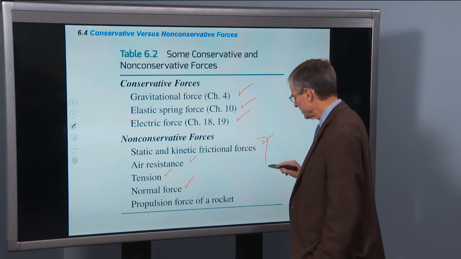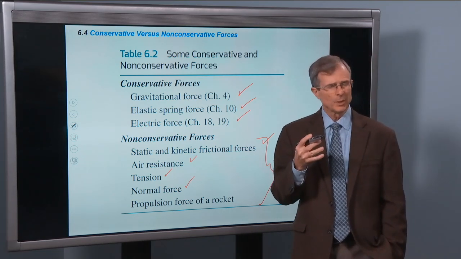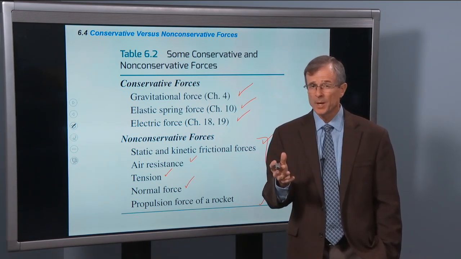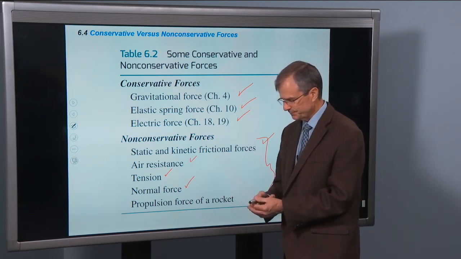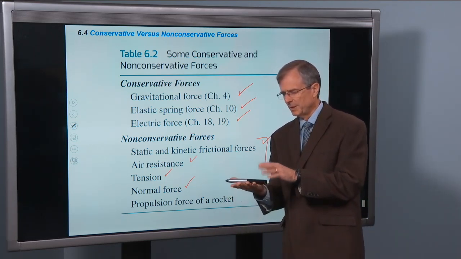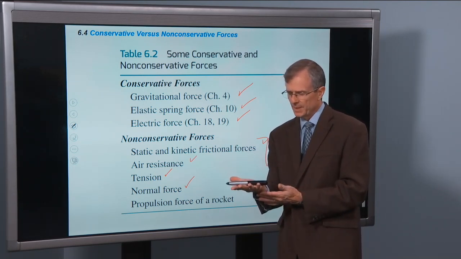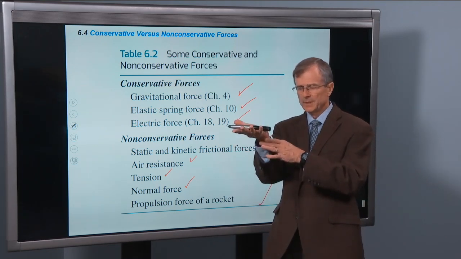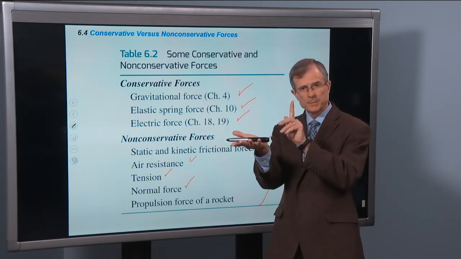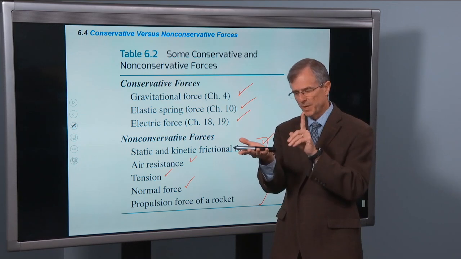All these forces, if you execute a closed path and come back to your starting point, you will have done some amount of work, either positive or negative. The normal force, for example, this pen lying on my hand, if I consider the work done by the normal force and going up, then the displacement is up, the normal force is up, the amount of work done by that normal force is positive.